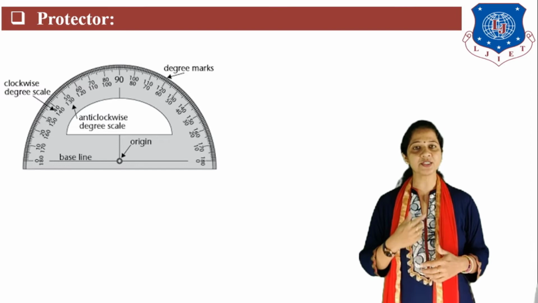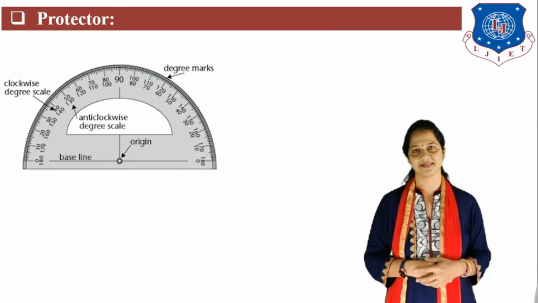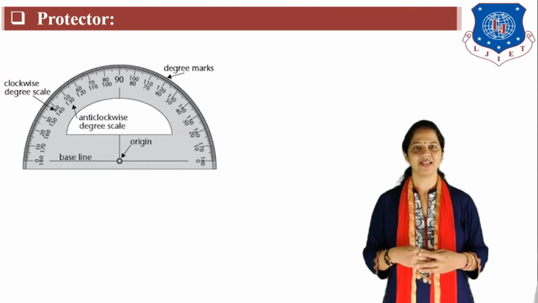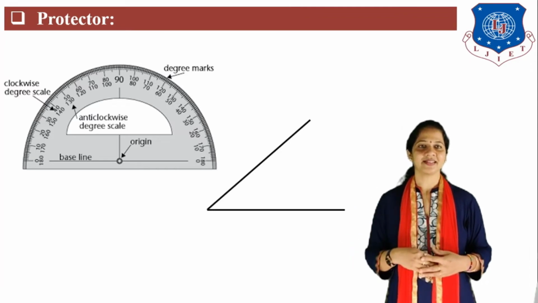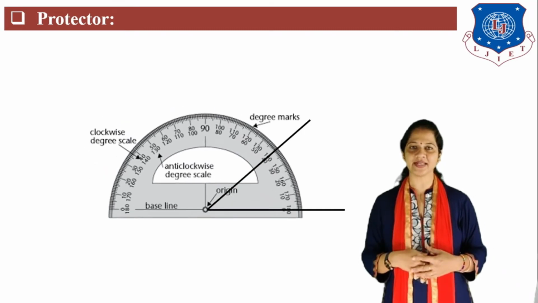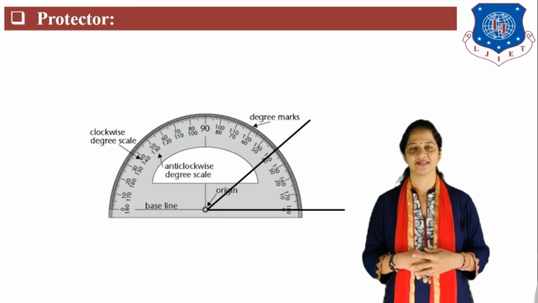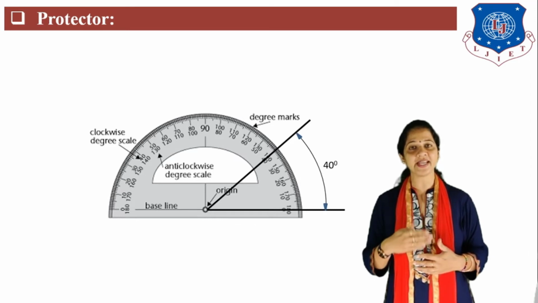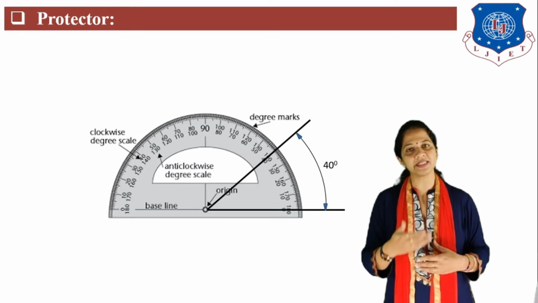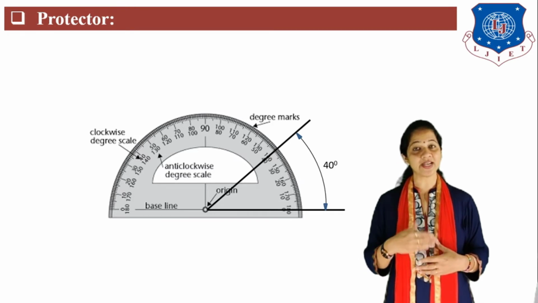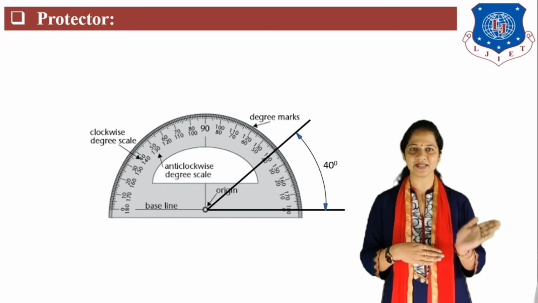The protractor is used to draw or measure angles. For example, if you want to measure this angle, then set your protractor as shown in the figure and measure the angle. Here a 40 degree angle is measured in anti-clockwise manner. You can also measure the angle in clockwise manner.